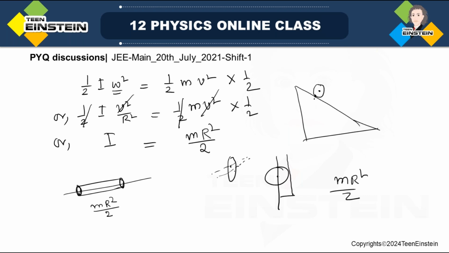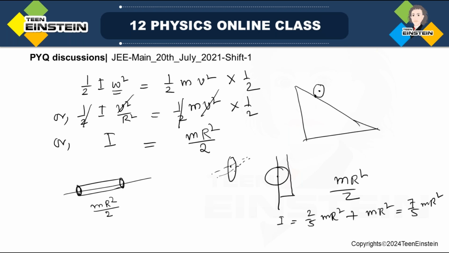And if it is a sphere, the moment of inertia should be 2 by 5 m r square plus m r square, corresponding to this rotational axis. So this should be 7 by 5 m r square.